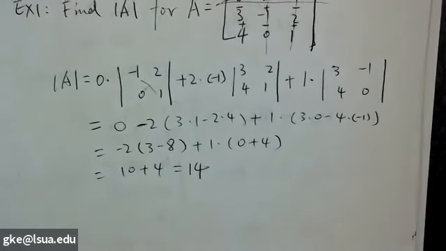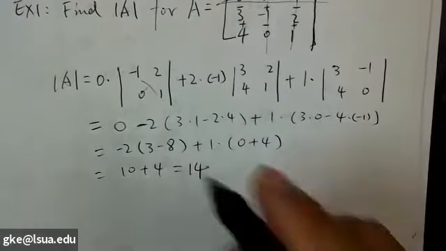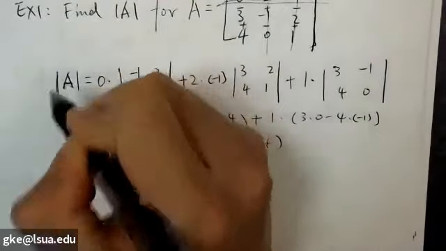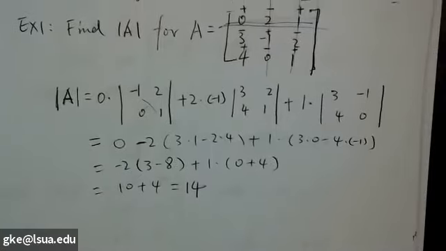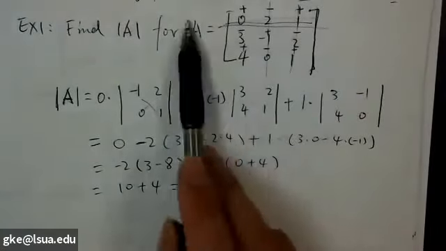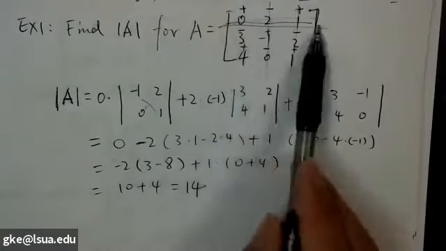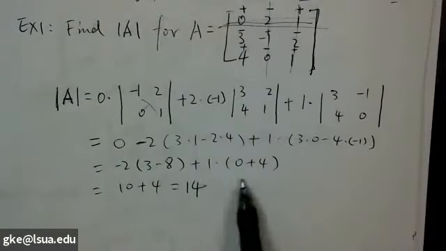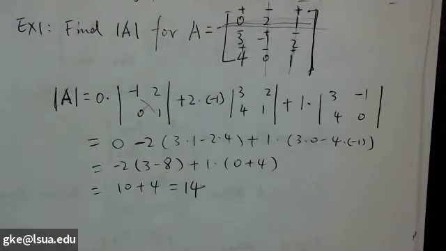That's the first method: we expand A according to the first row. I gave you guys an example; later you guys try it.